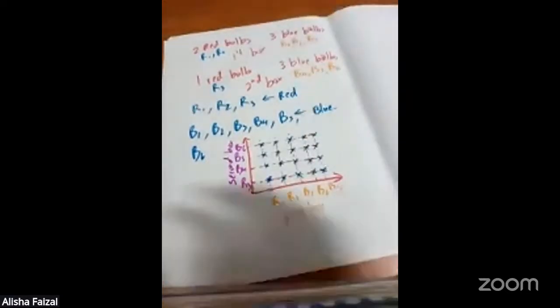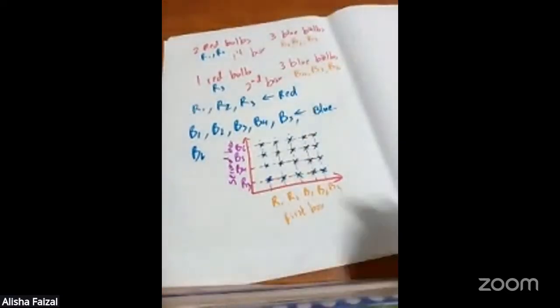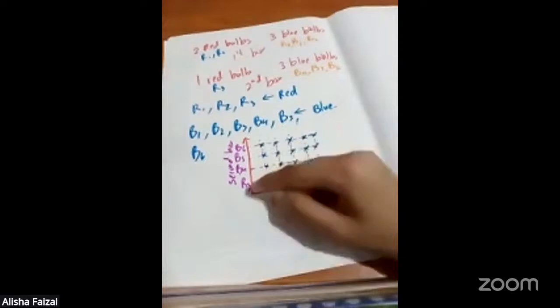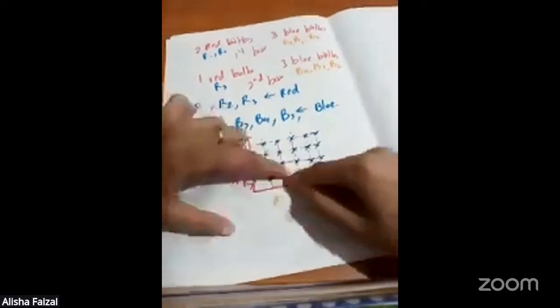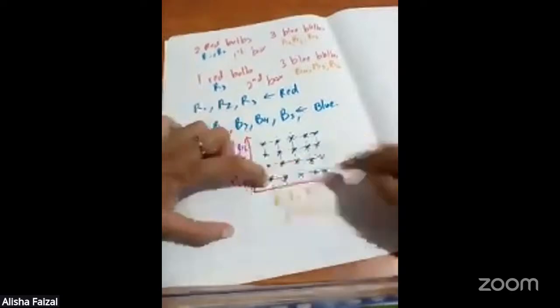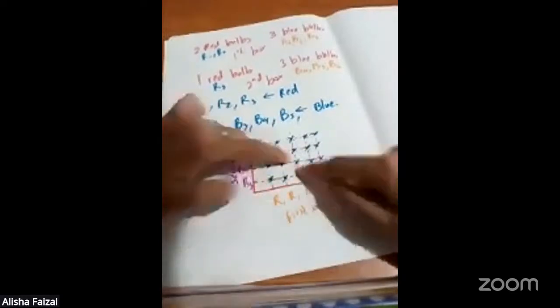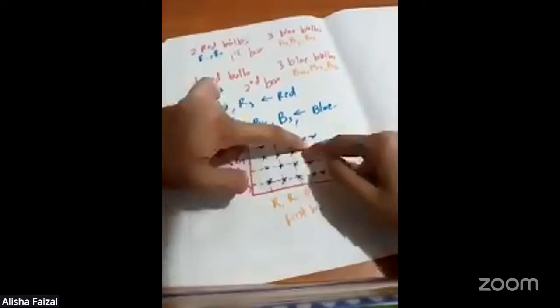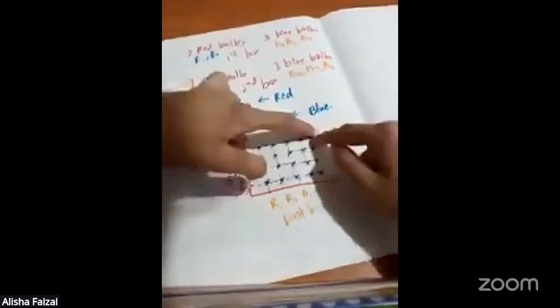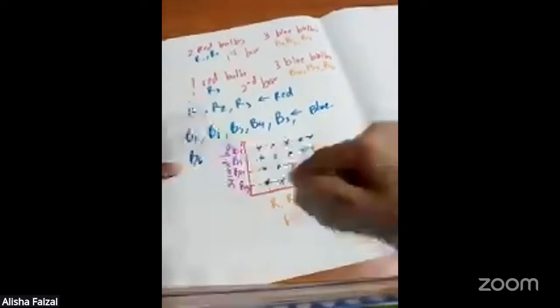Now we'll see the place where we can find it. Here, we can circle this red and red, again red and red. Next one is blue and blue, blue and blue, blue and blue. So we can circle these three because all these three are blue, and all these three are blue.